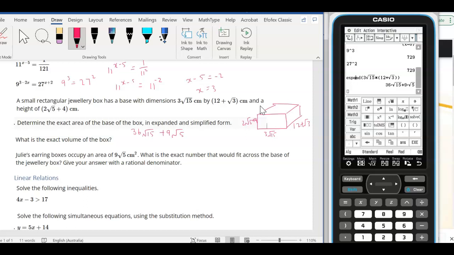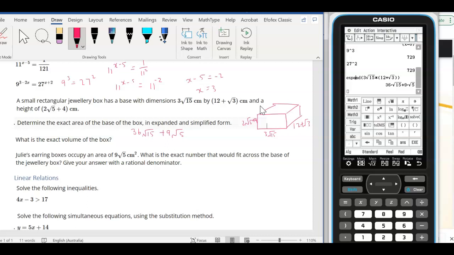So I've expanded it and the calculator would automatically simplify it. If this was an extended response question, you would have to show a bit more working than just doing it on your calculator, but you can check your answer on your calculator. If it was a multiple choice question, you can just do it straight on your calculator.